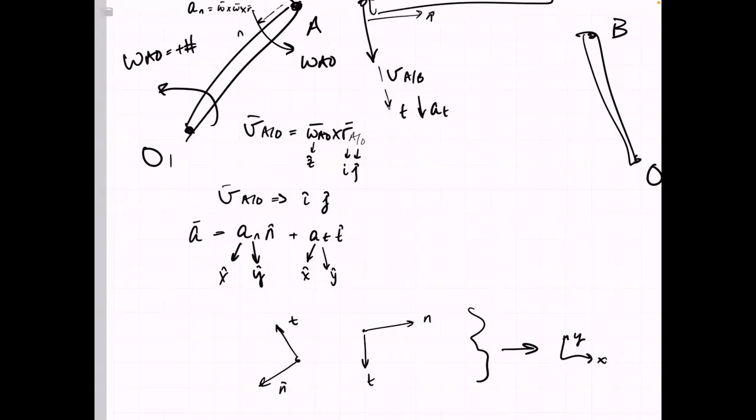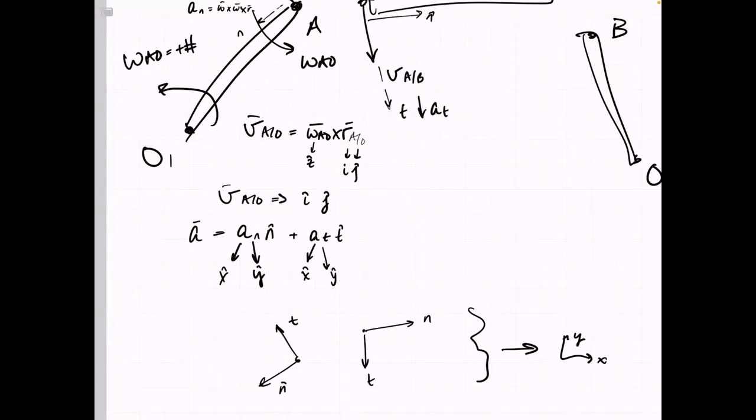So even though we use the normal and tangential direction to quantify what our normal and tangential acceleration are, we quantify them in the form of an X and Y coordinate system.